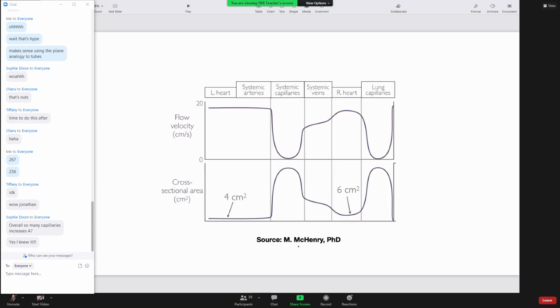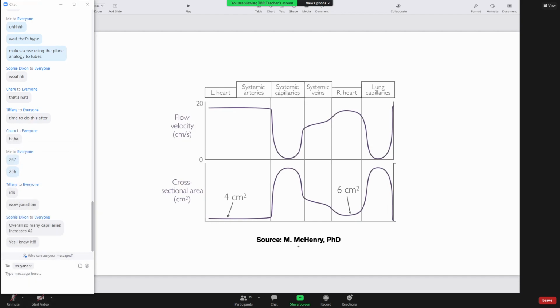There's a question. Does that mean that there is more resistance in the capillaries? There is a lot more resistance in the capillaries when you compare one capillary, even all the capillaries, to arteries. The radius of these vessels is just so much smaller than the arteries.